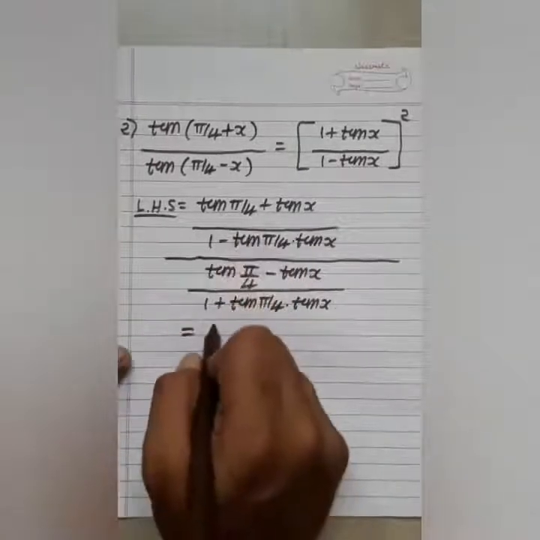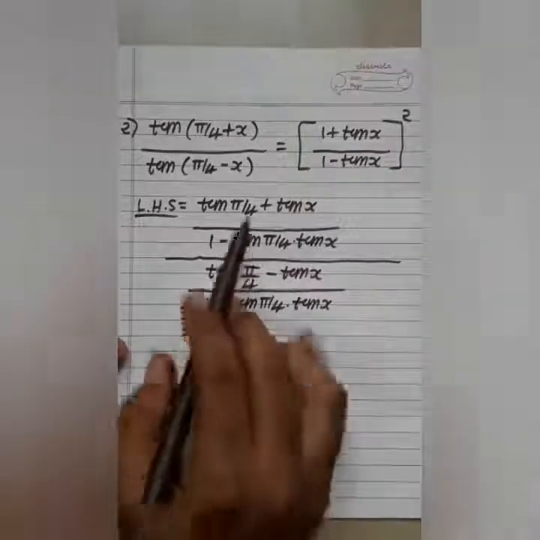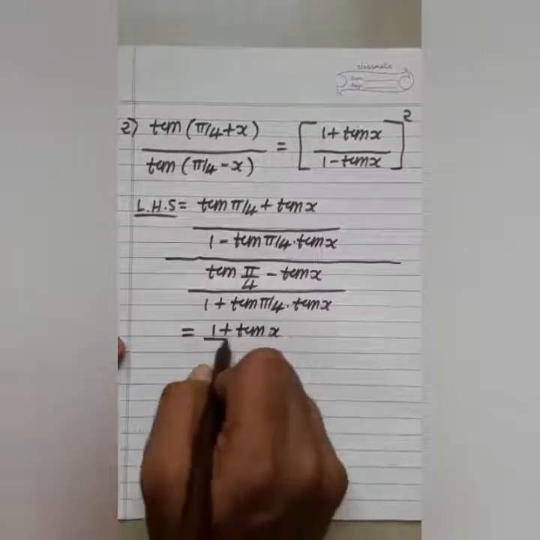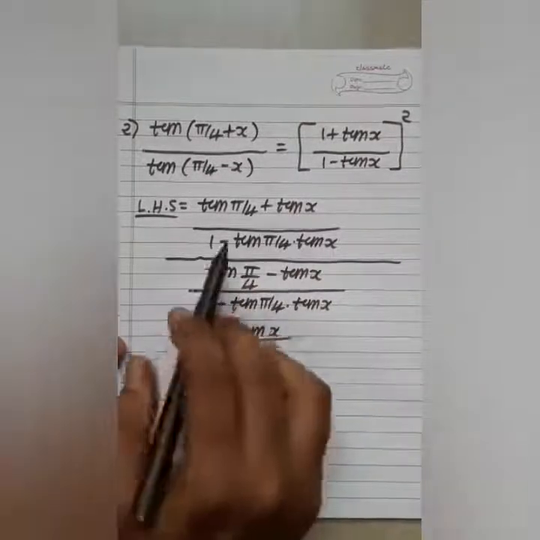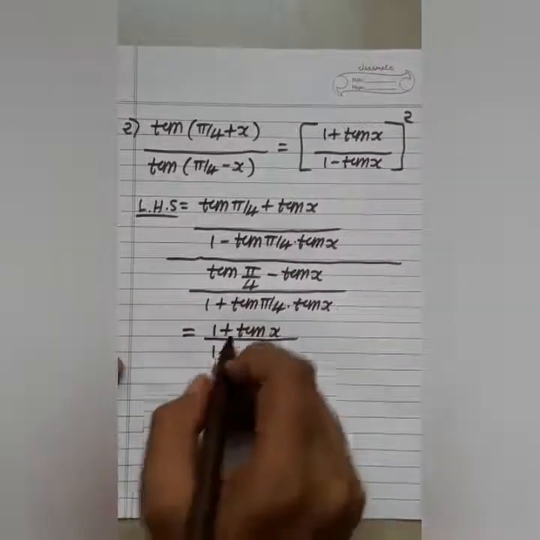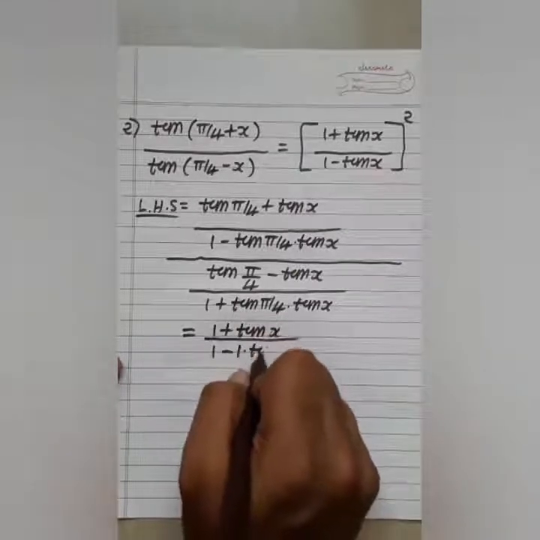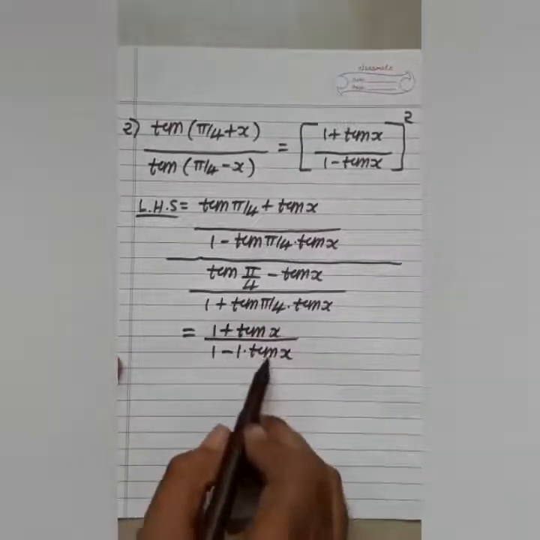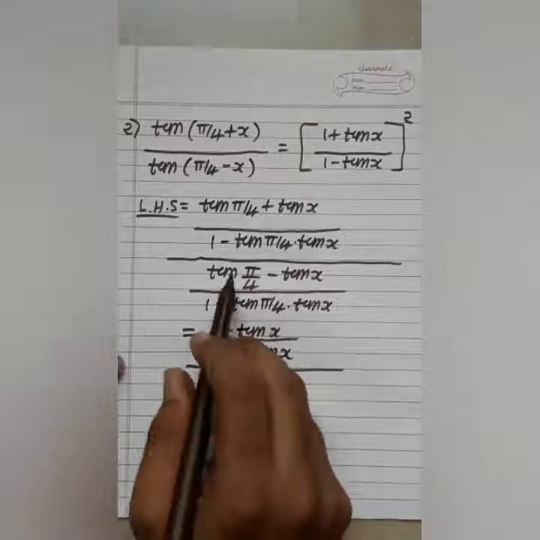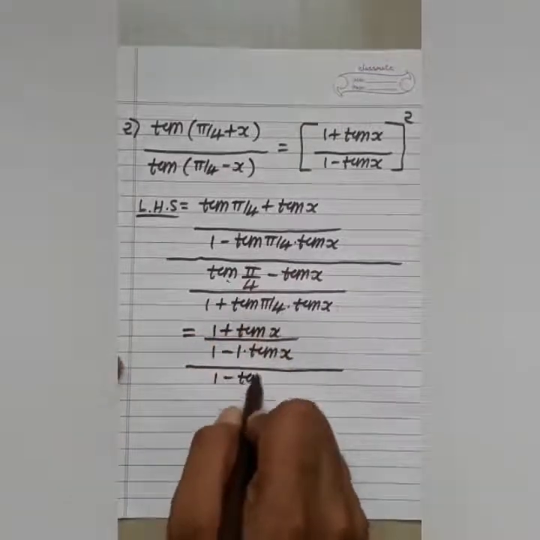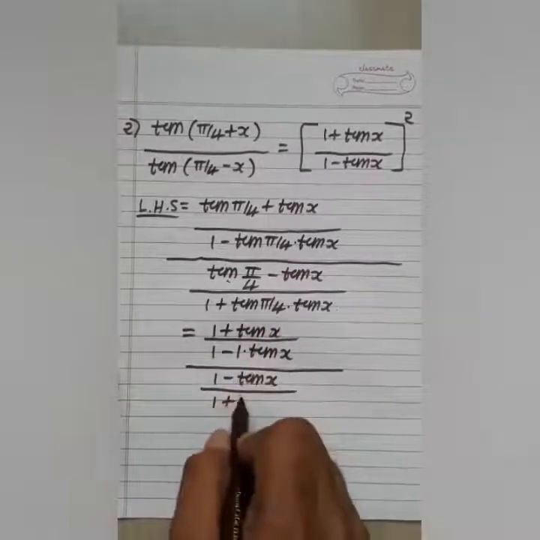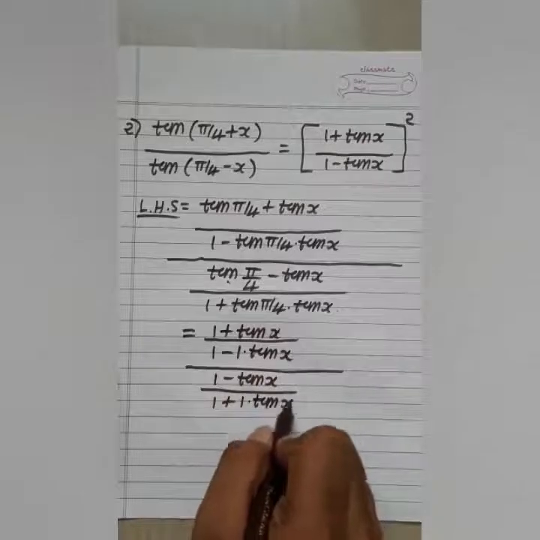So in place of tan pi by 4 we can write 1 plus tan x upon, in the denominator term, 1 minus 1 into tan x, which is tan x. In the denominator term also, 1 minus tan x upon 1 plus 1 into tan x.